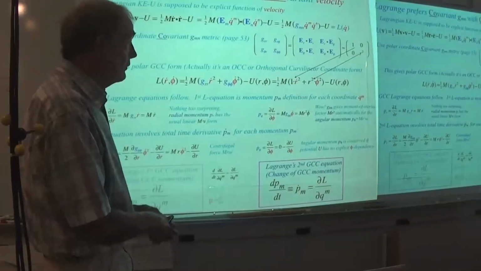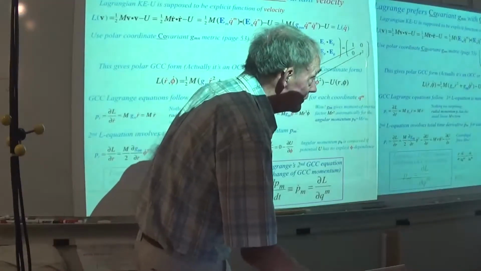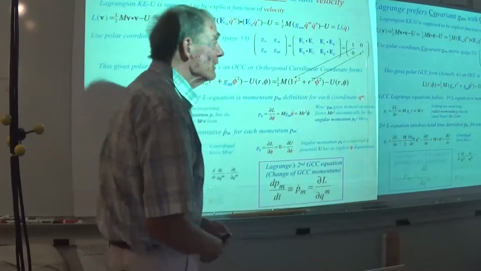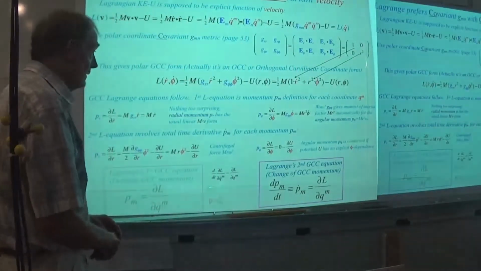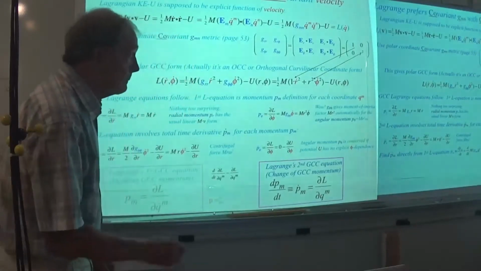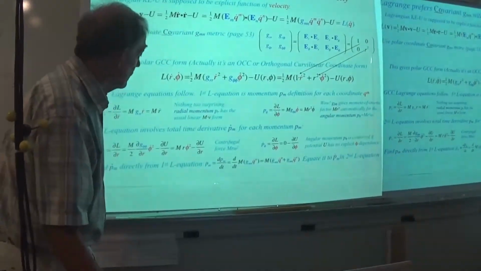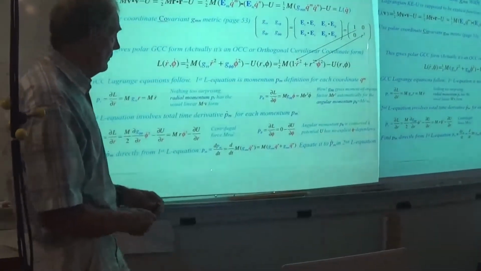To finish this out, we've got just a tiny bit more work to do. To find p dot directly, that's what I need to do next, from the first Lagrange equation, I'm sorry, this thing.